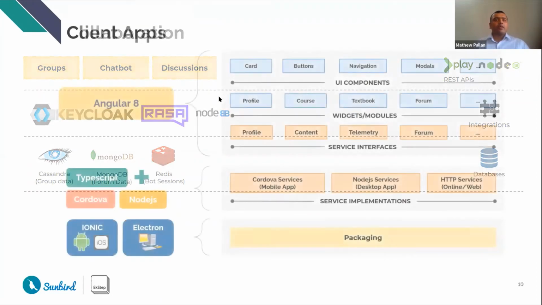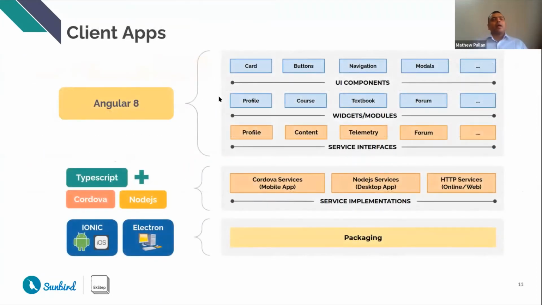Moving on to the client apps, we saw a session by Santosh yesterday where we had a detailed walkthrough of the client apps architecture, so I'm not going to delve into details here. As you can see, we're using Angular 8 for the UI components and widgets.